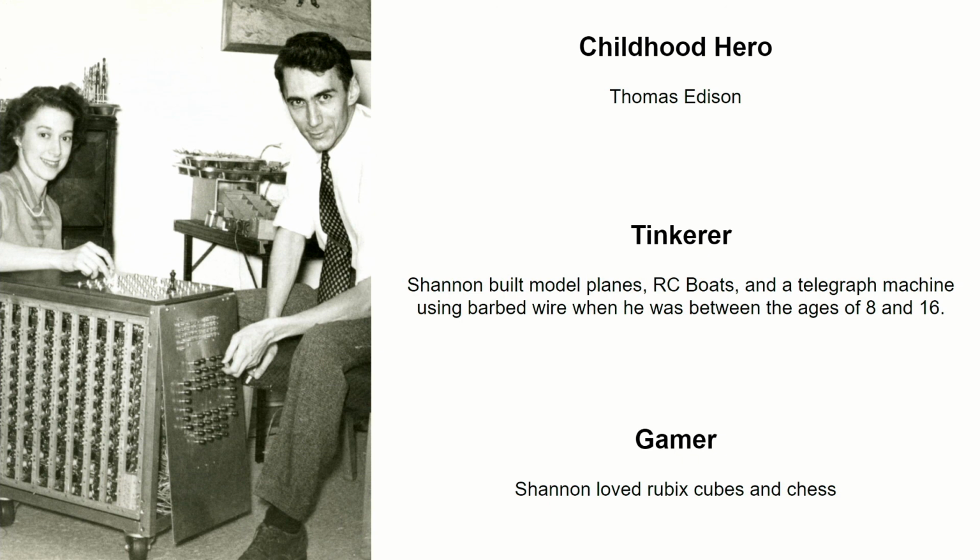And when he was growing up, his childhood hero was Thomas Edison. Now, Thomas Edison was a big inventor, and so he had a big influence on Claude Shannon. Thomas Edison said he came up with 1,000 different reasons why 1,000 different filaments for the light bulb should be the correct filament.